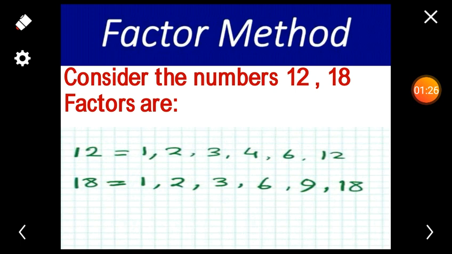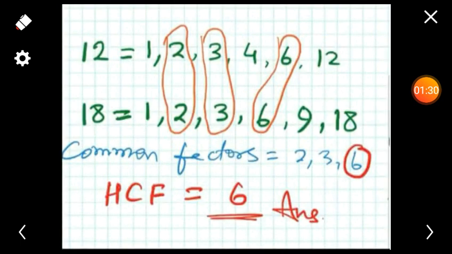Okay. Now HCF means highest common factor. Here the common factors of 12 and 18 are 2, 3 and 6. There is no other common factor. All the common factors are 2, 3, 6. The highest common factor is 6, isn't it?